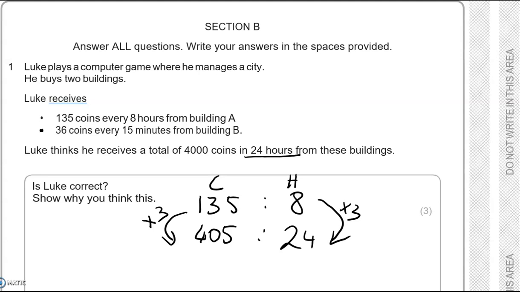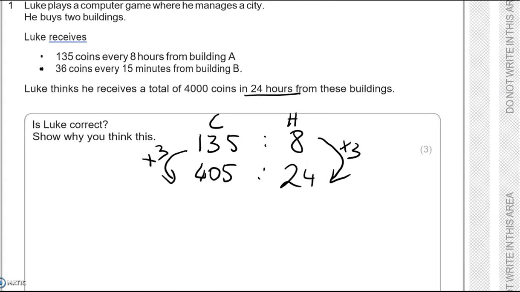Now for building B, we've got 36 coins for every 15 minutes. Now we're going to work out for 24 hours.